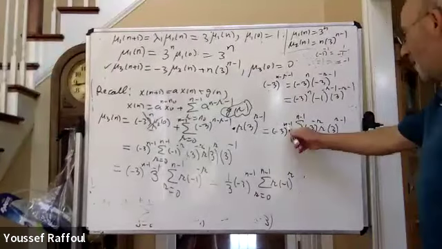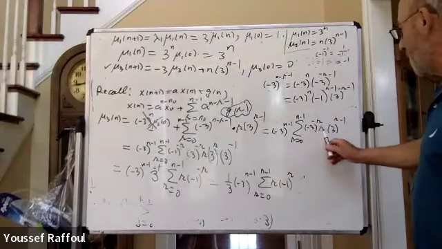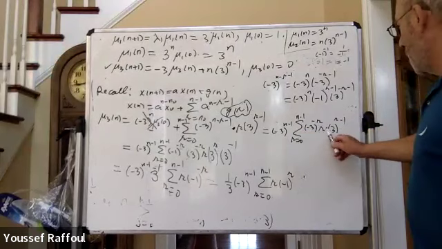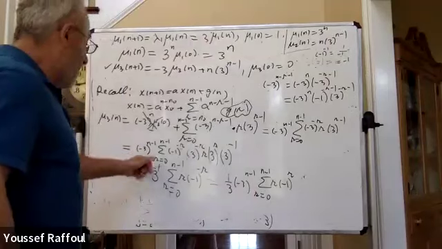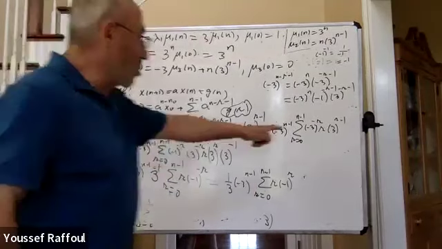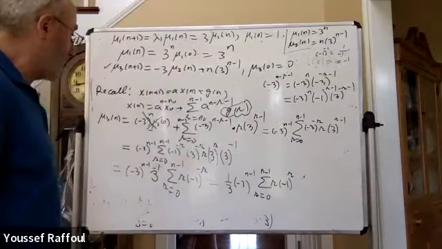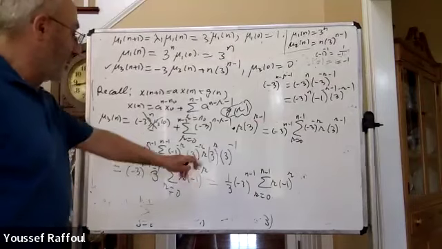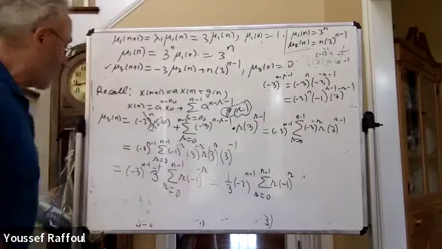That is −3^(n−1) times the sum from r equals 0 to n−1 of (−3)^(−r) times r·3^(r−1). That is −3^(n−1), r equals 0, (−1)^(−r). This one I'm rewriting as 3^(−r), okay? Times r, 3^r times 3^(−1).